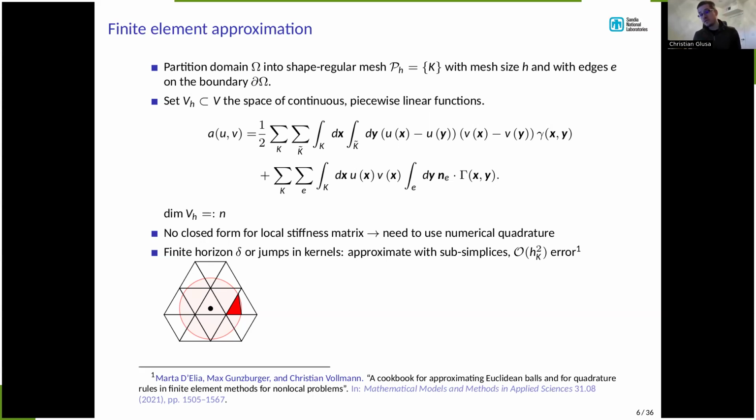So what we'll do instead is we will remesh the support of our kernel function, locally on an element by element basis. So what I'm showing you there is, for example, to integrate over the actual support of the kernel within this little triangle on the right, we'll instead construct a retriangulation of the actual support within that element.